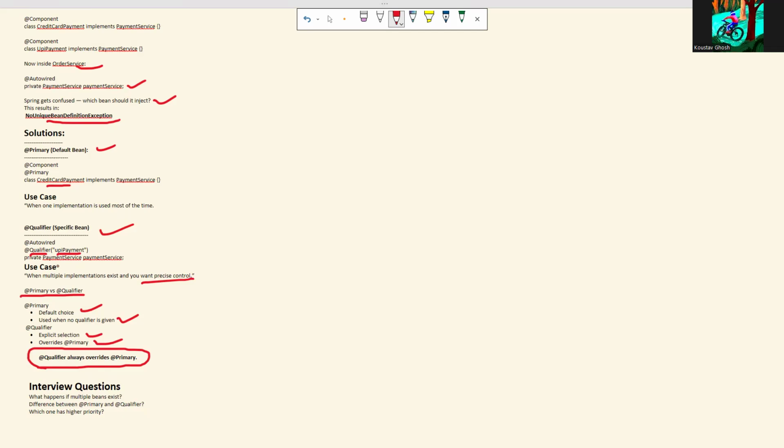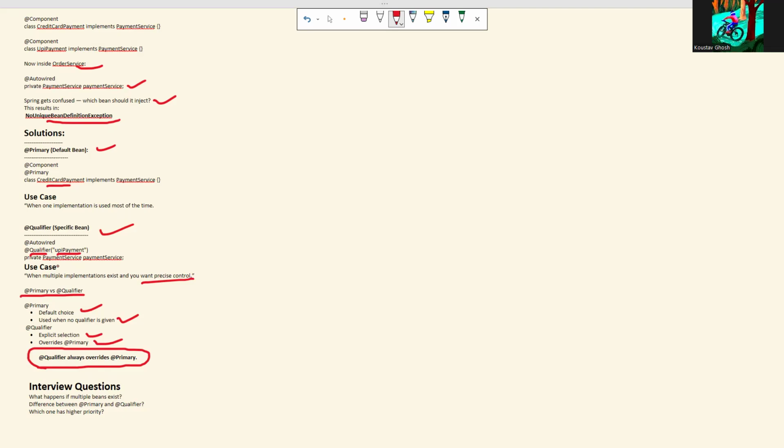You got the point? Whenever autowiring is happening, suppose you are going into a restaurant. By default, one drink will be provided, right? But if you specifically say no, Blue Lagoon is required, you are qualifying that. Then Blue Lagoon will be served, but by default drinking water will be served.